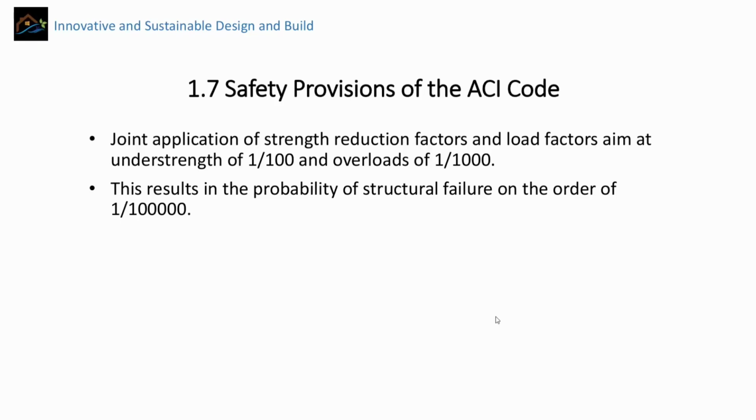The joint application of the strength reduction factors and the load factors is aimed at an understrength of 1/100 and overloads of 1/1000. This accounts for a higher level of certainty for overloaded structures, members, and understrength. As we said earlier, the calculations of strength and loads are always subject to uncertainties, and 1/100 for understrength members or 1/1000 for overloaded members is quite good.